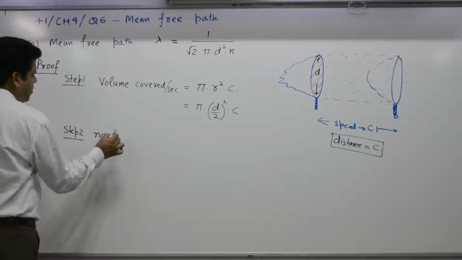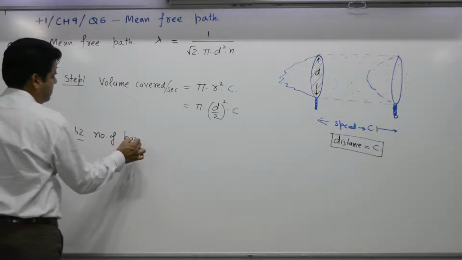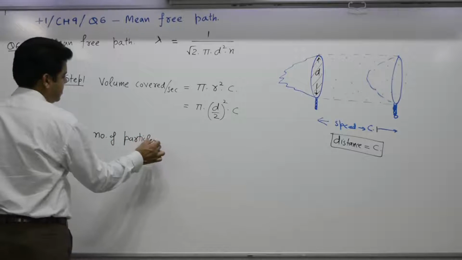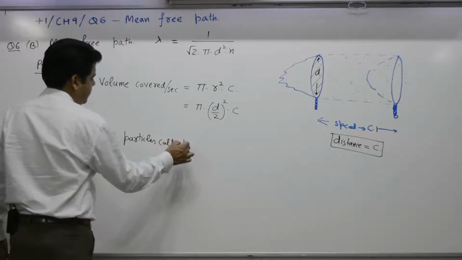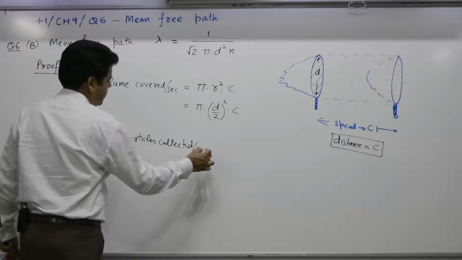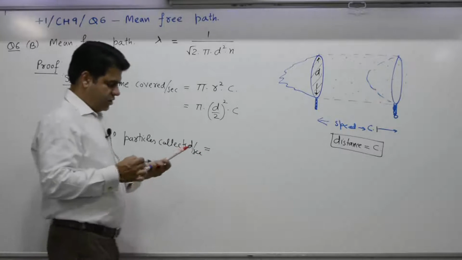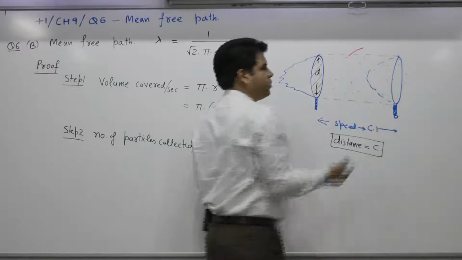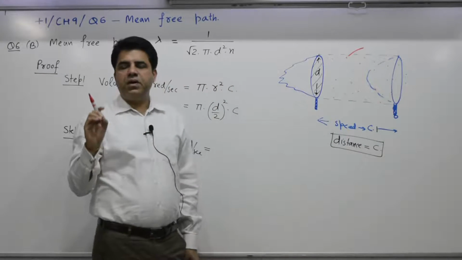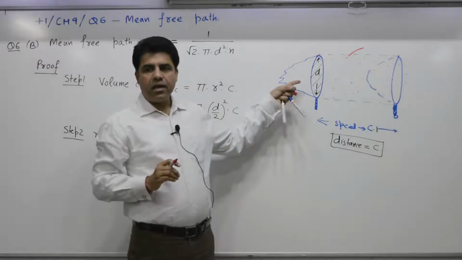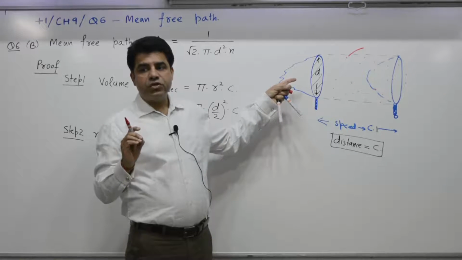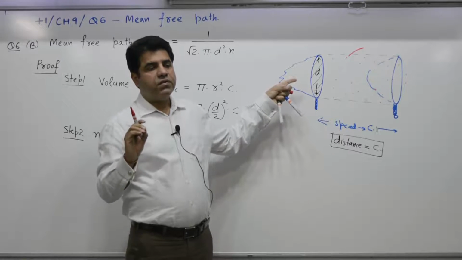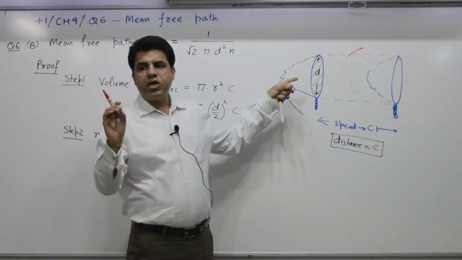Number of atoms, particles collected per second. Now, this red color represents what? Number of atoms per unit volume. In the equivalent analogy, it is number of mosquitoes per unit volume.